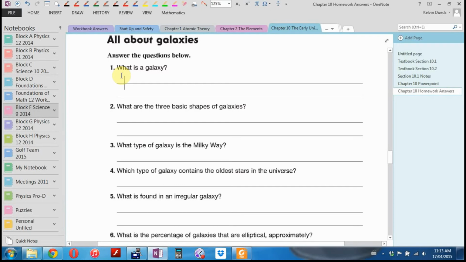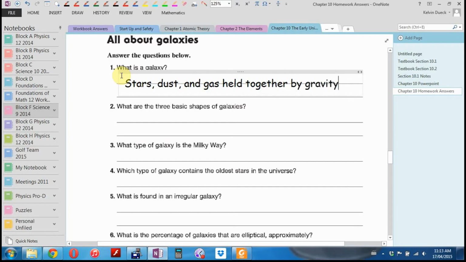What is a galaxy? Stars, dust, and gas held together by? By gravity. Yeah. Okay. What are the 3 basic types or shapes of galaxies? Elliptical, spiral, and I know this one, but I can't remember it.